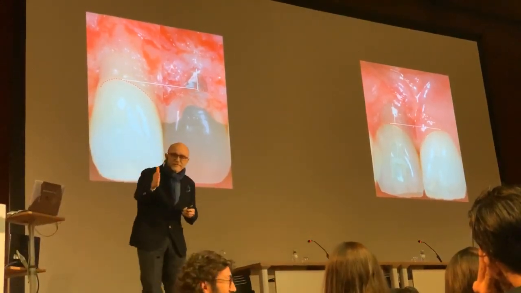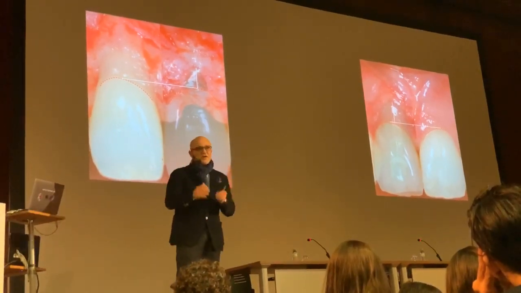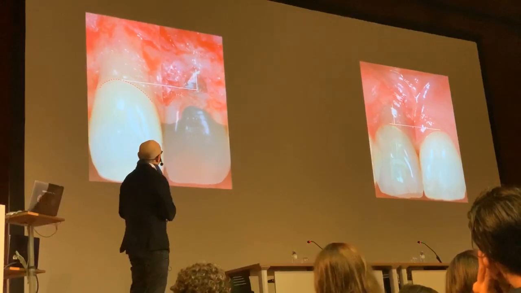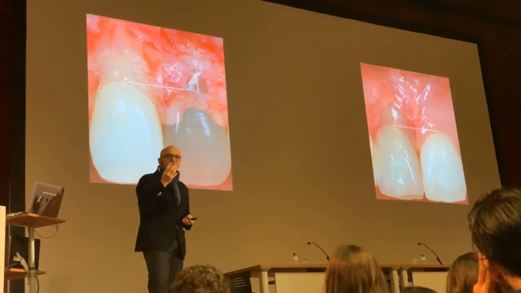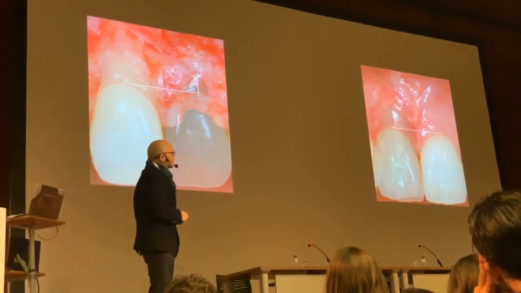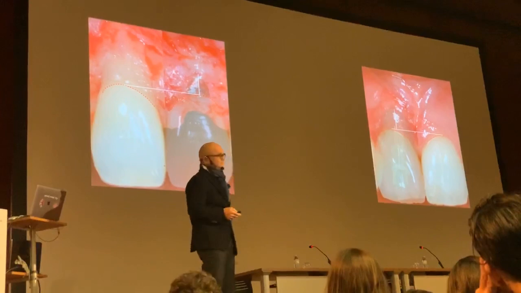Because we know that there is the soft tissue margin, we know there is the buccal bone, but we forget that in the nice smile, there is a supra-bony component of the root, which is covered only by soft tissue.